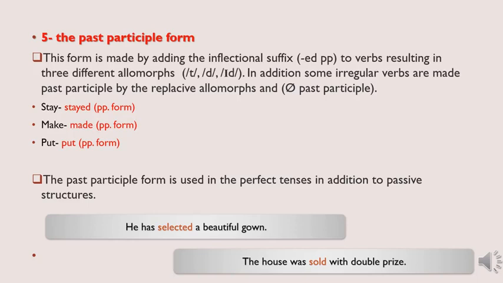The ed here is ed past participle, so selected is the past participle form of the verb select, because here we have a present perfect tense. The house was sold with double price. Was sold. Here we have a passive sentence. Sold here is a verb in the past participle form because we have a passive sentence.